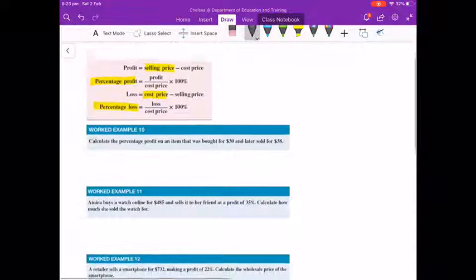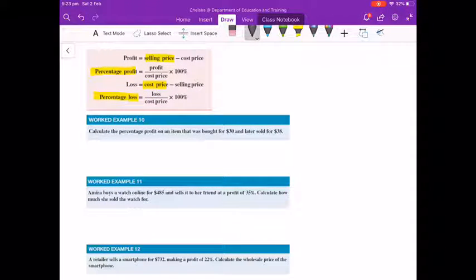So we're going to go through the worked examples now. Calculate the percentage profit on an item that was bought for $30 and later sold for $38. So we know we are dealing with a profit. Now they bought it for $30 and they sold it for $38. So they made $8 profit.